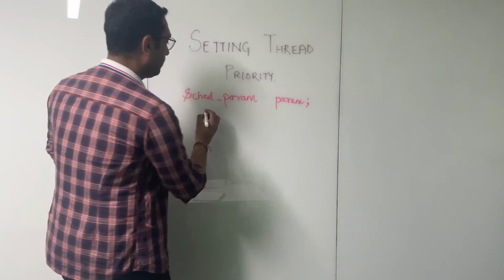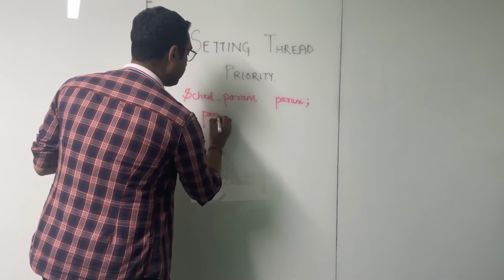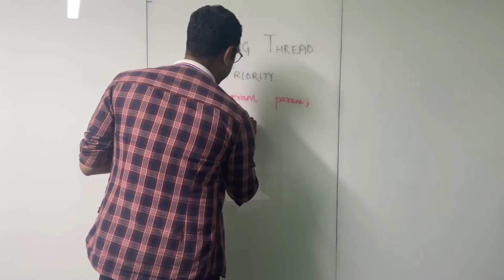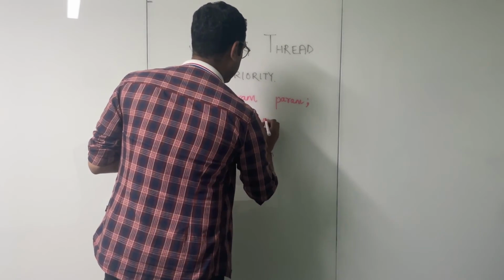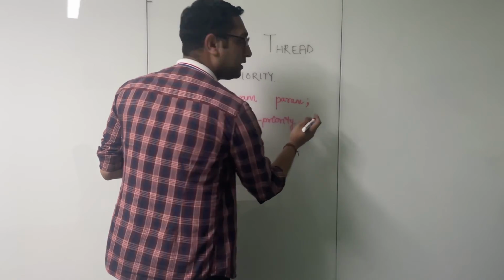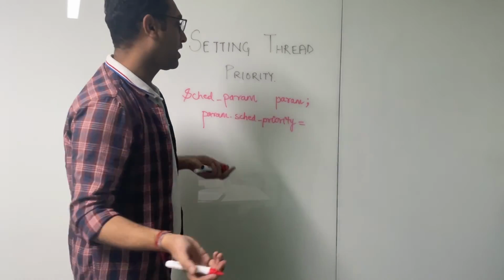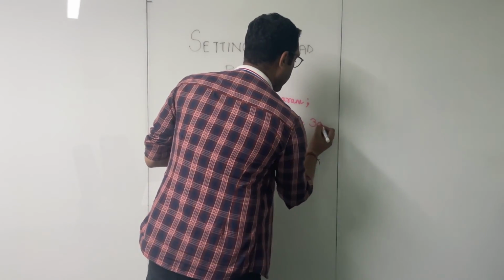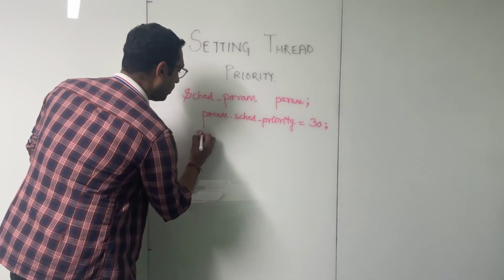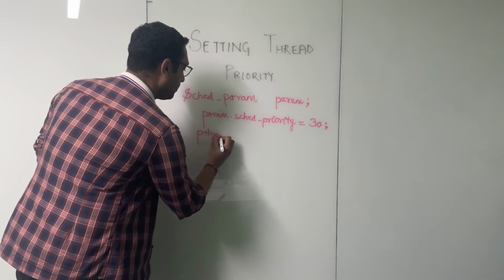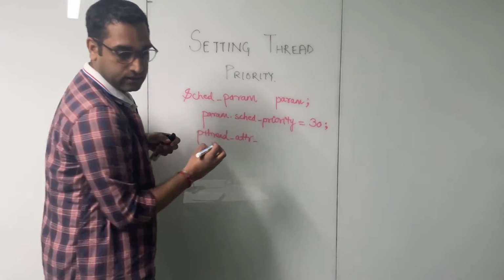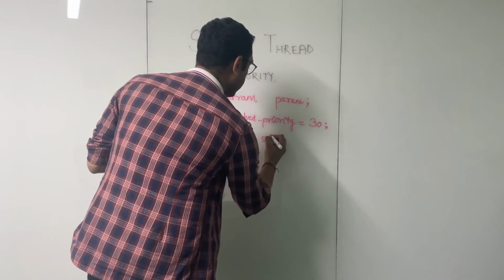Then we will say param.sched_priority, and we will provide an integer value. The higher the value, the higher the priority. Let's say we provided a priority of 30. And then we will make a call to pthread_attr_setschedparam.